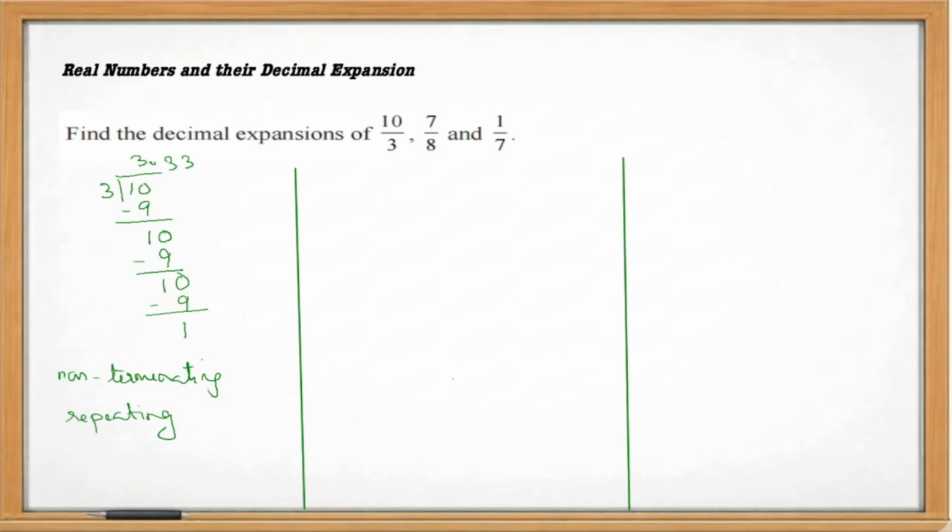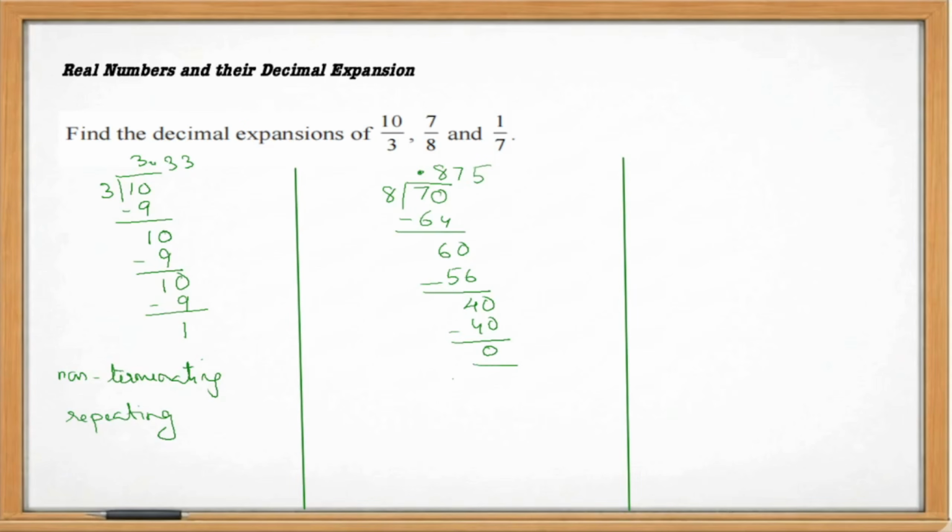Okay, next one, 7 by 8. Put a decimal point here, it becomes 70. 8 8s are 64. Subtract, then 60, then 7, it will become 56. This will become 4. Okay. Now see, in this case, the remainder becomes 0.